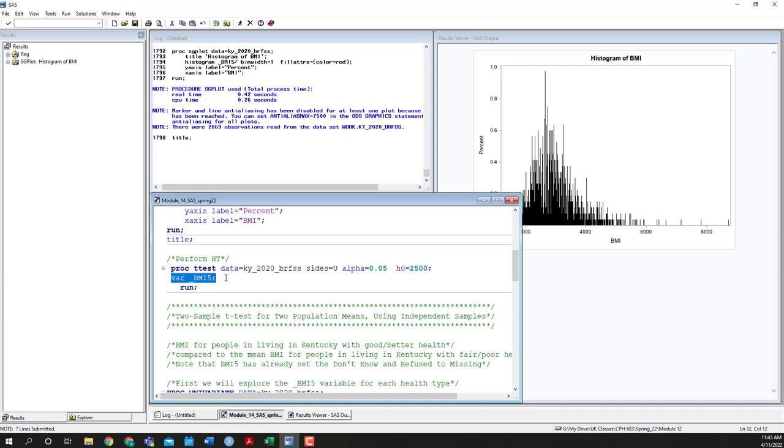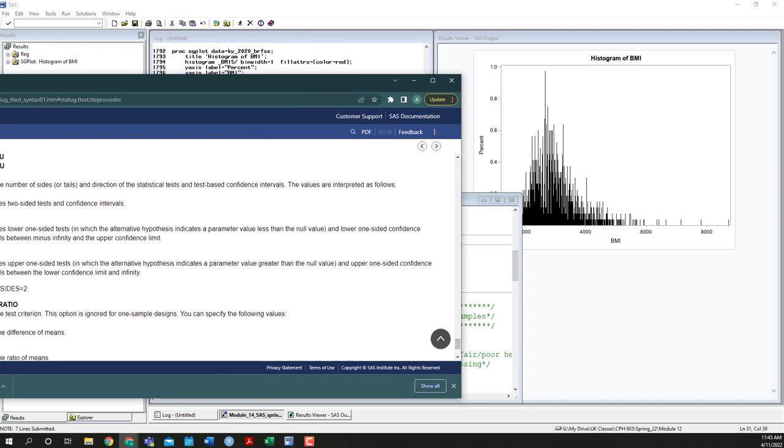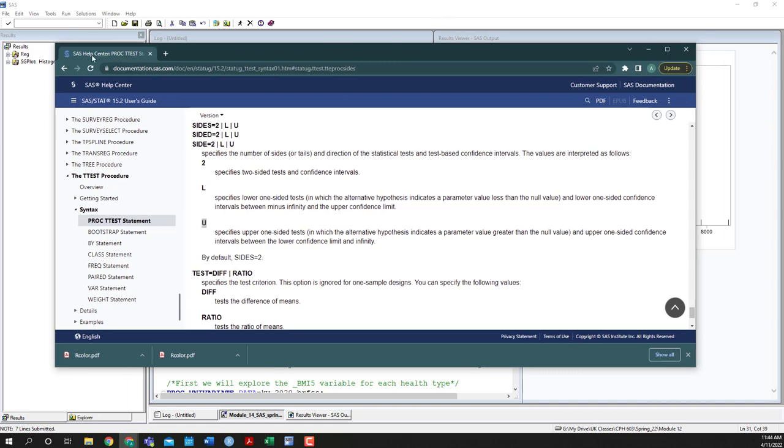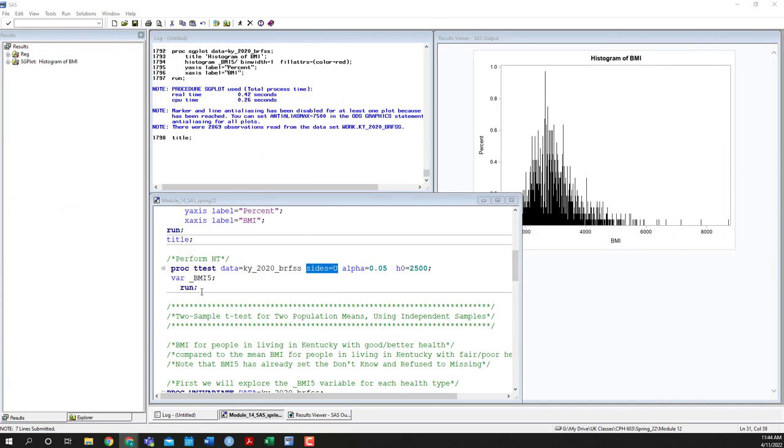And then the variable we're interested in is the BMI5 variable. And then the last piece that I skipped over was the sides. SIDES specifies the number of tails or directions for the hypothesis test. So notice here U specifies an upper one-sided test, and so this is where you've got greater than the null value. And since we're testing to see if BMI is greater than 25, that's why we have sides as U. Alright, so let's run this code.